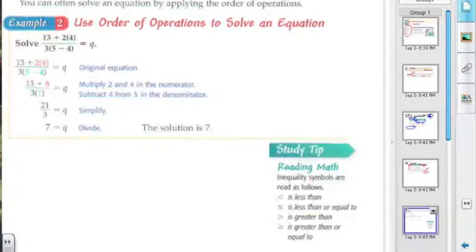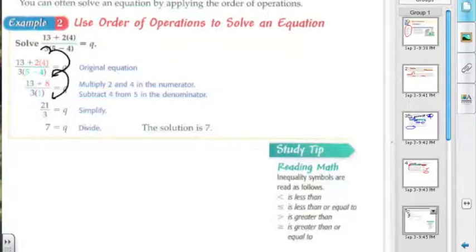The first thing you need to do is simplify on the top in the numerator, simplify on the bottom, and then divide in the end. So on the top, 2 times 4 gives us 8. And then 13 plus 8 gives us 21.